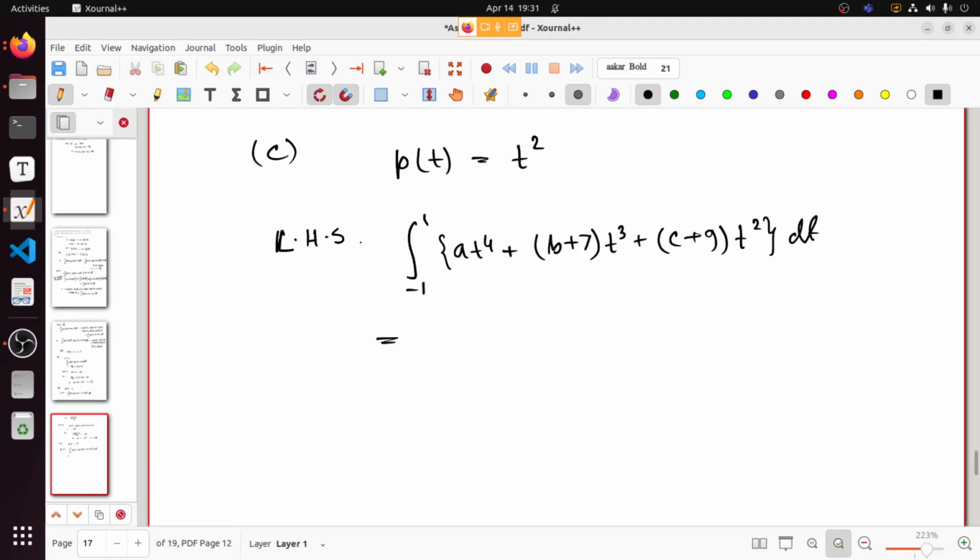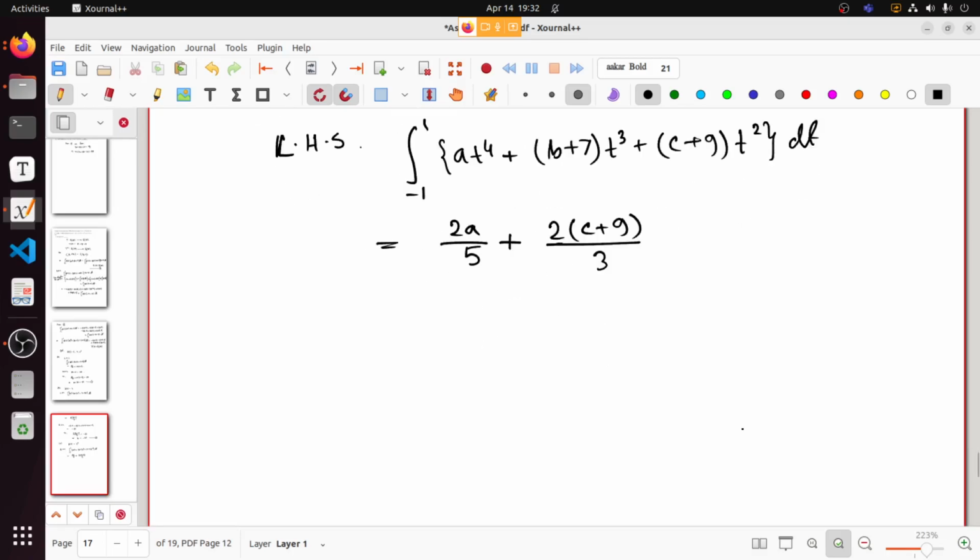So here again the middle term will be 0 because this is an odd function from minus 1 to 1, so only 2 terms remain. So here it will be 2a by 5 plus 2 into c plus 9 by 3. So this is the left hand side, and what will be the RHS?